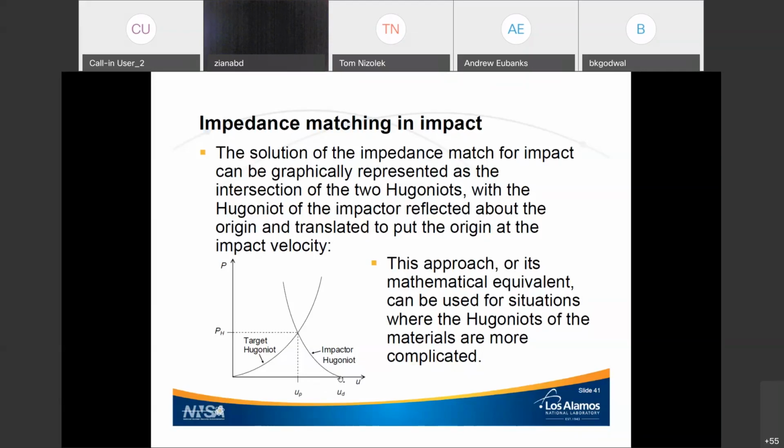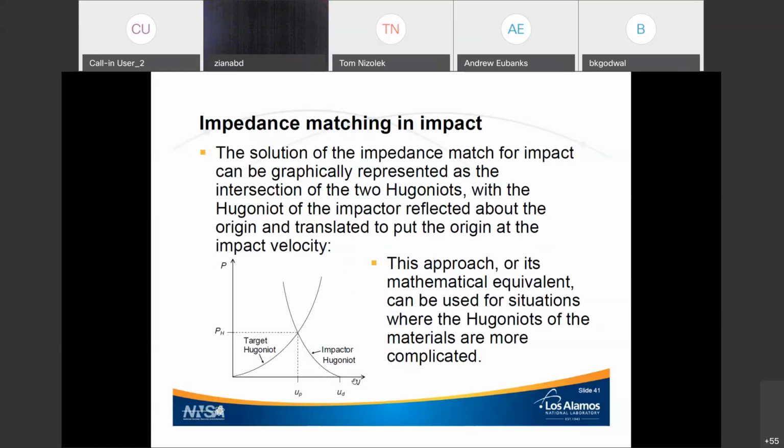And then they put the origin at the impact velocity. Now, if you leave the target Hugoniot in its normal projection, the point where the intersection occurs is the particle velocity in the target and the pressure in both. This difference right here is the particle velocity relevant for the Hugoniot calculation in the impactor.